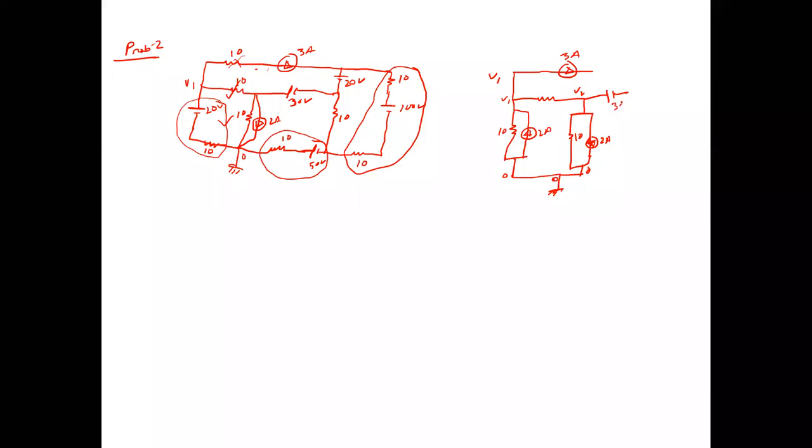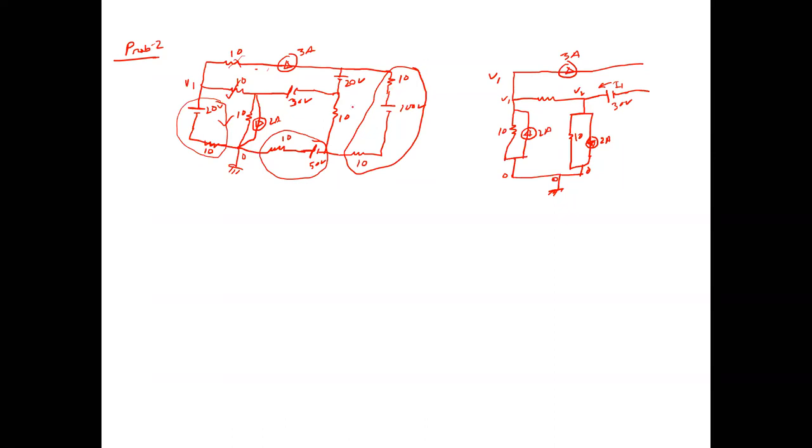These are 30 volt. So current flows this way, and this name is I1. Okay, this part is finished. Now this V2 portion is all finished.